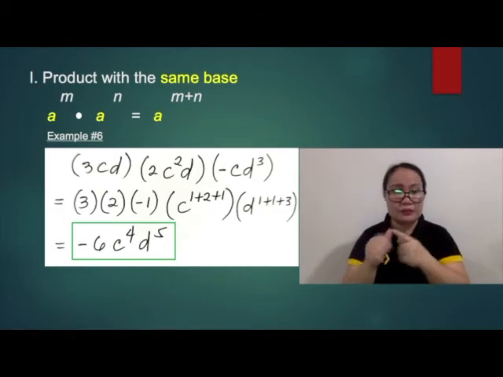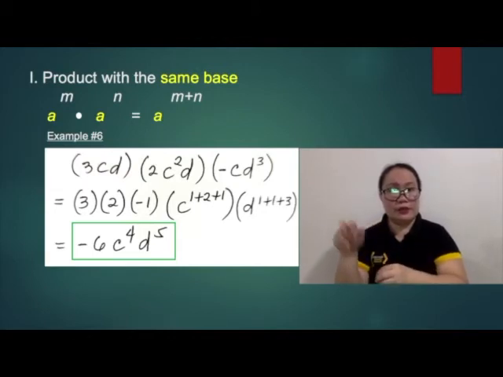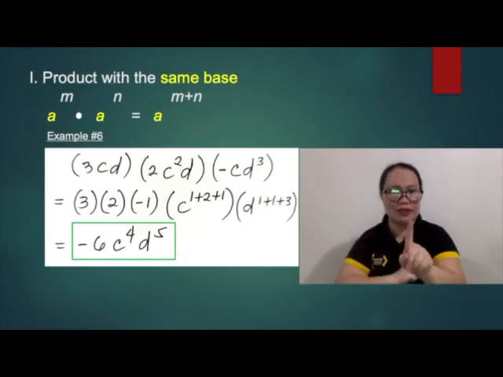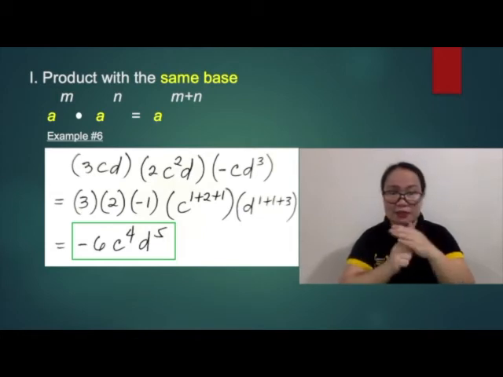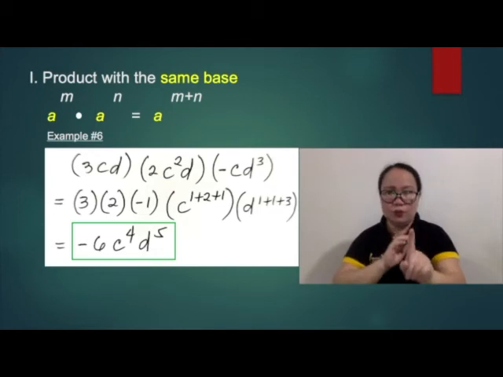So first, the rule says multiply all the numerical coefficients: 3 times 2 times negative 1. It's not seen, but it's always 1. So copy the sign, negative 1.